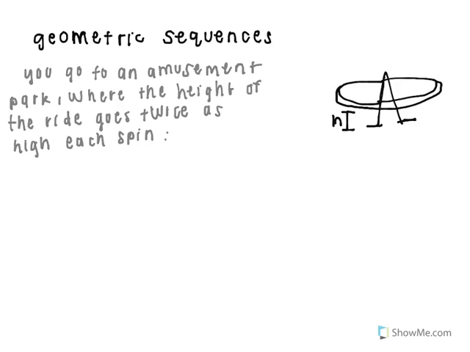In this case, our a sub 1 equals 5 feet, and our common ratio equals 2 because you're multiplying each spin's height by 2.